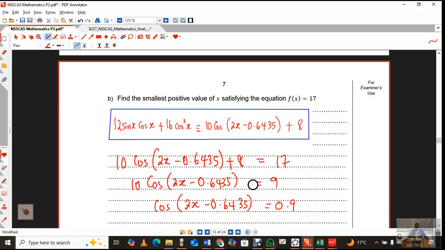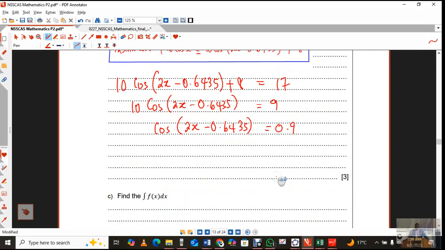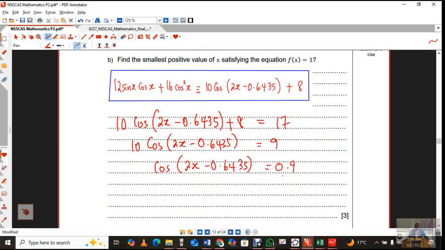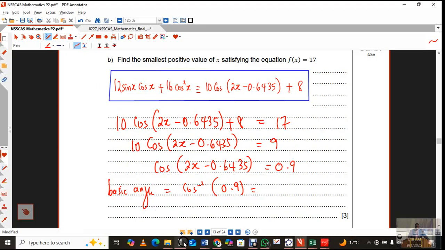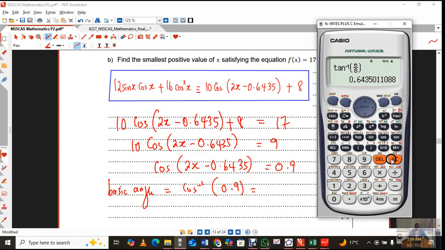Okay. Now, let's see. Let's find our base angle. So our basic angle will be the inverse cosine of 0.9. Let's see what that gives me, because this is in radians, remember.